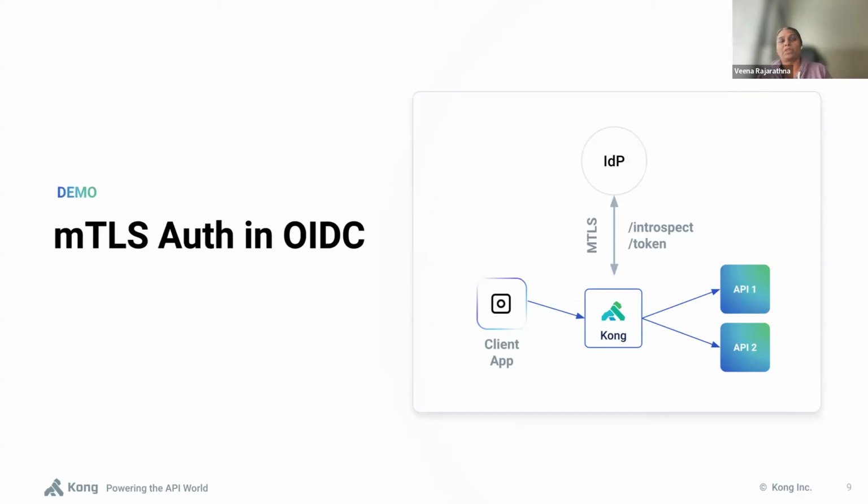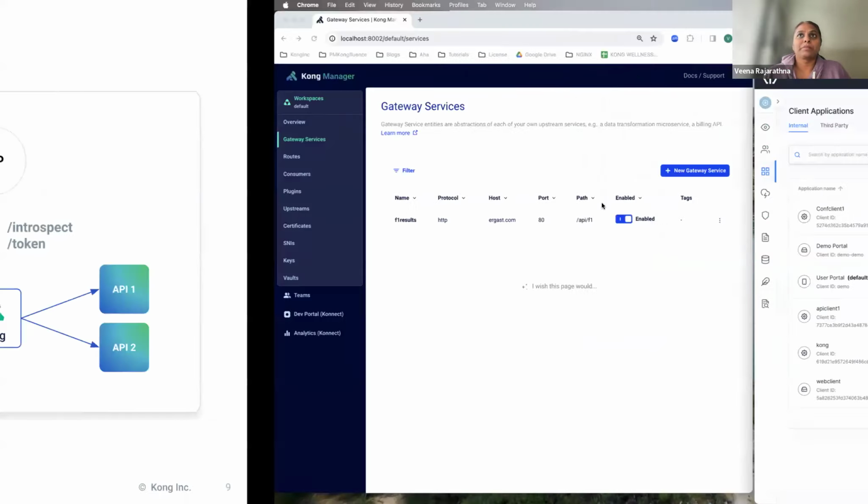First, you need to establish the certificates on both ends to make sure that the CA certificate is common, and then you establish the client certificates that Kong will present to the IDP in this connection. The IDP can validate that, and you also create API clients on the IDP side. So I'll walk through the setup first, and then we'll look at the feature in action.